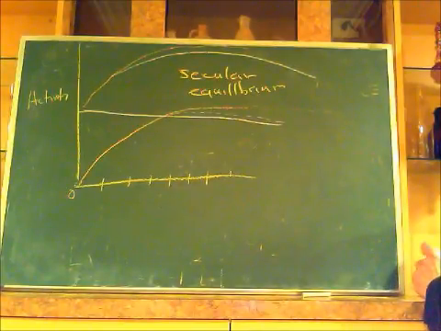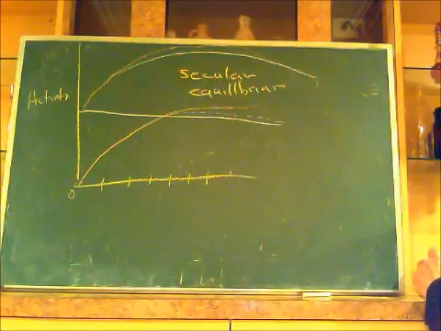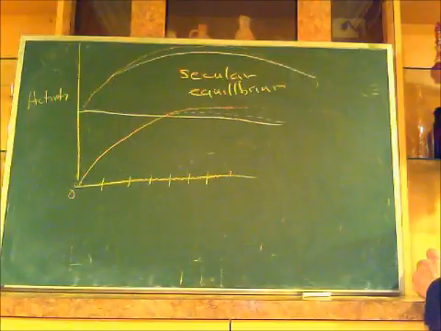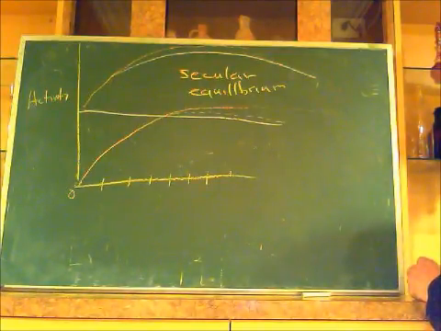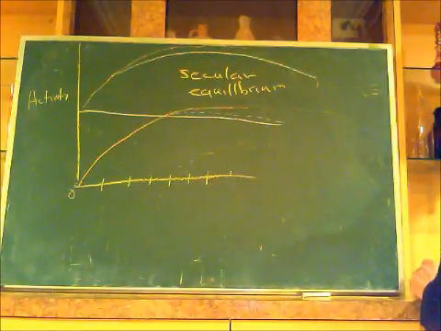what we can do is calculate the maximum daughter activity for transient equilibrium and use that same equation to find out the time where we're going to get the maximum concentration of daughter.